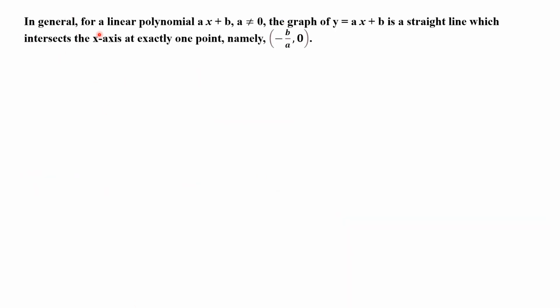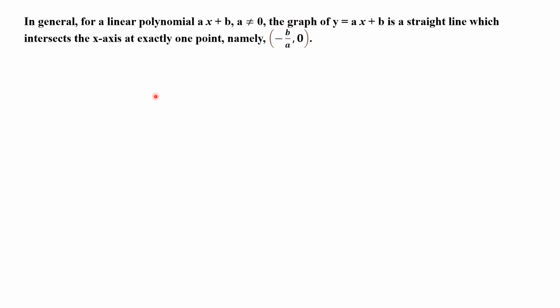So this is the geometrical meaning for the linear polynomial. In general, for a linear polynomial ax plus b, where a is not equal to 0, the graph of ax plus b is a straight line which intersects the x-axis at exactly one point, and the point is (-b/a, 0). Let me explain it again.